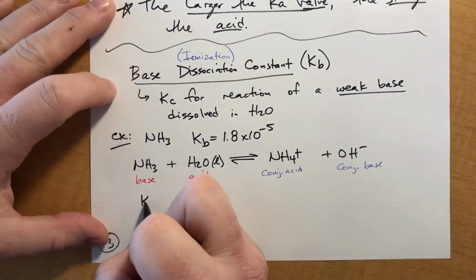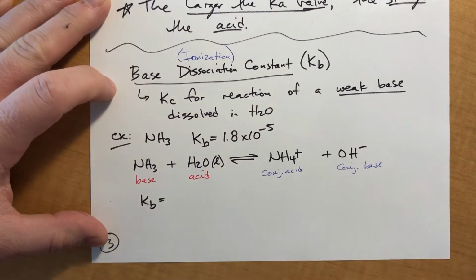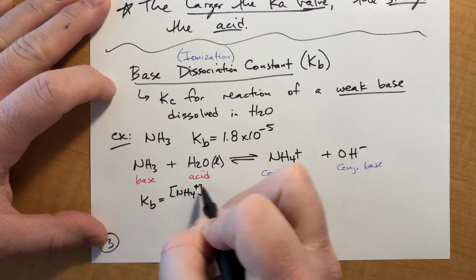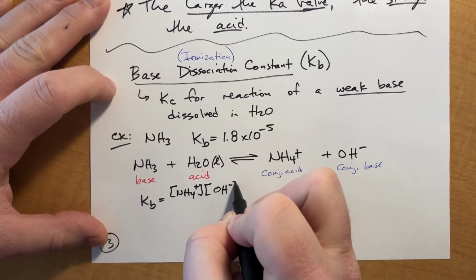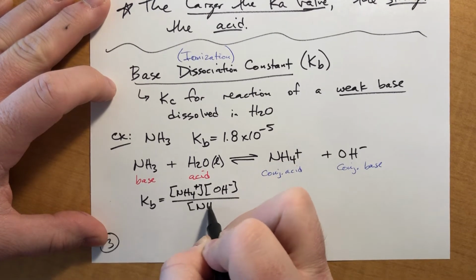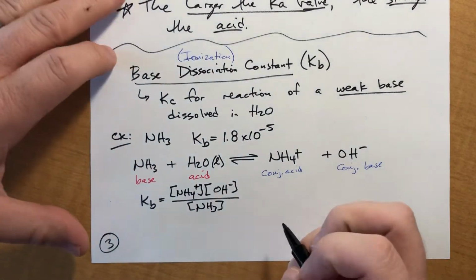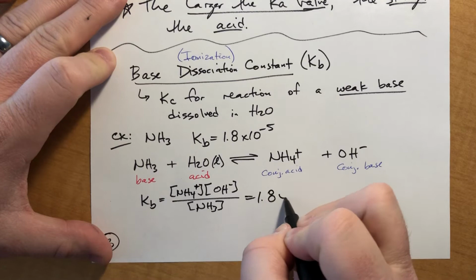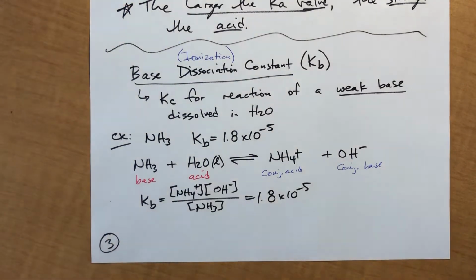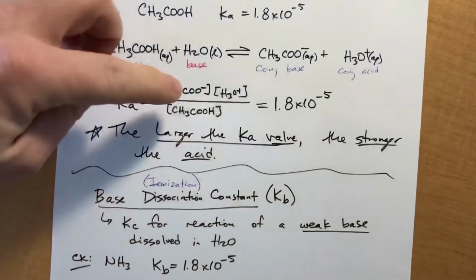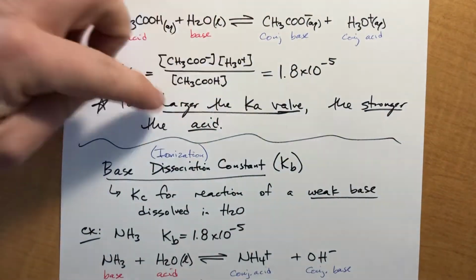And Kb for this particular equation is products over reactants, so it's the concentration of NH4+ times the concentration of OH- divided by the concentration of NH3, and again, we ignore the water because it is a liquid. Okay, and it's equal to 1.8 times 10 to the negative fifth. And we set up here that the larger the Ka value, the stronger the acid.